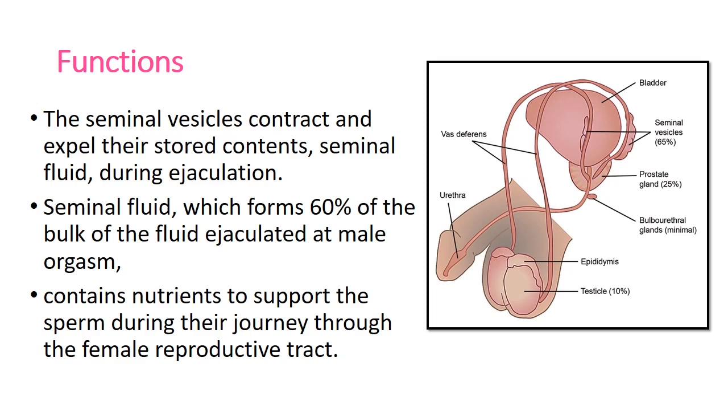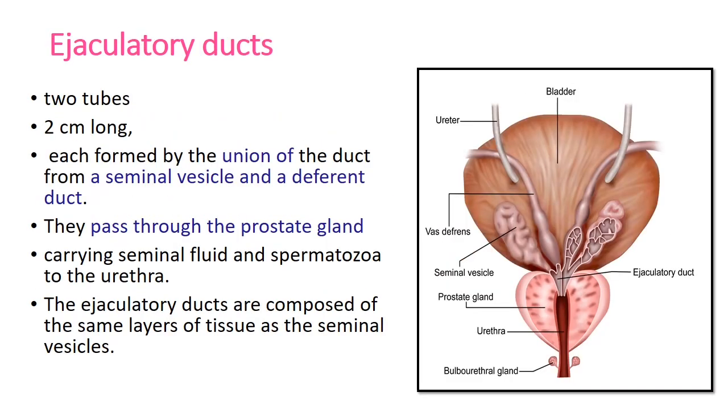Now we'll move towards the next slide. This is the ejaculatory duct. There are two tubes, one on each side of the bladder, each 2 cm long. Each is formed by the union of the duct from the seminal vesicle and the deferent duct.